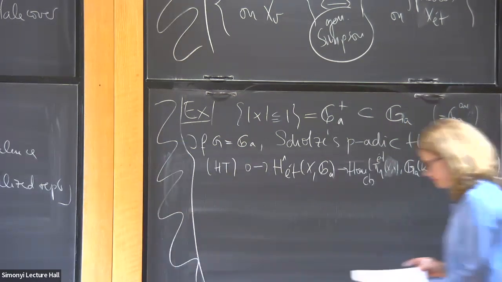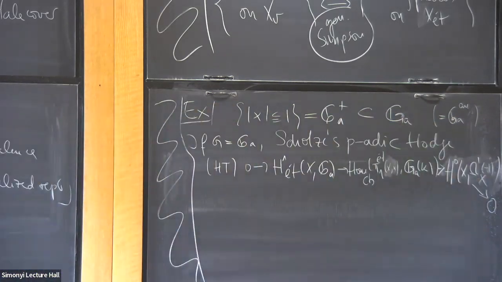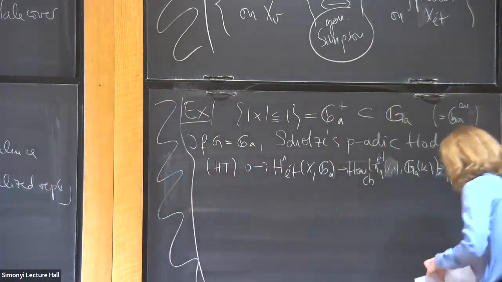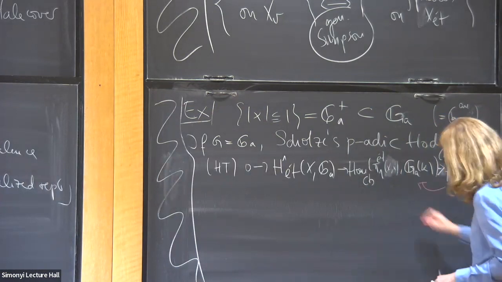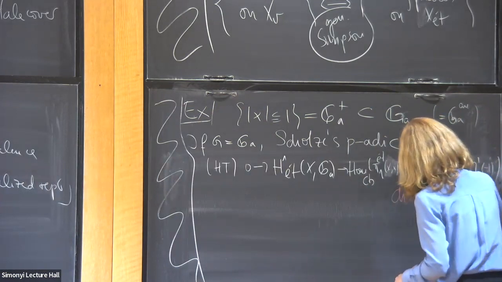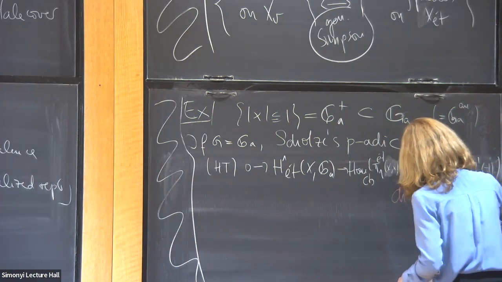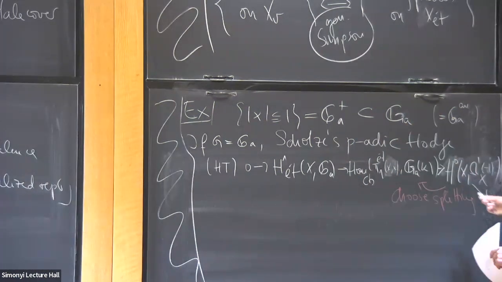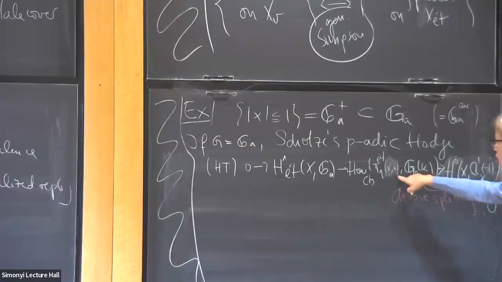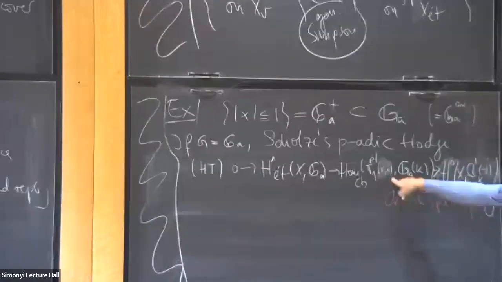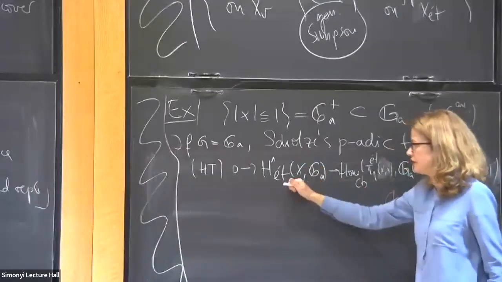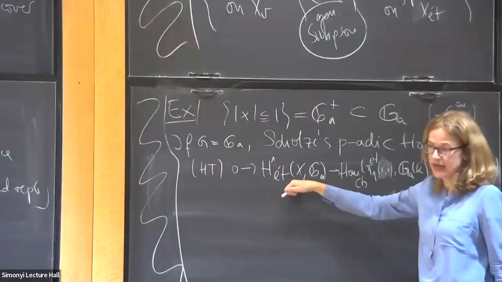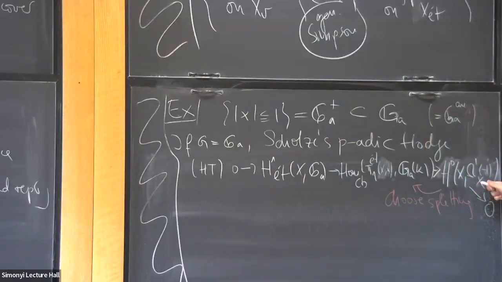And if you look at this from the point of view we are taking here, from the point of view of Higgs bundles, you see that when you choose a splitting of this Hodge-Tate sequence as vector spaces, then the continuous homomorphisms here correspond to the datum of an étale G_a torsor on X, and this will be a Higgs field on that.